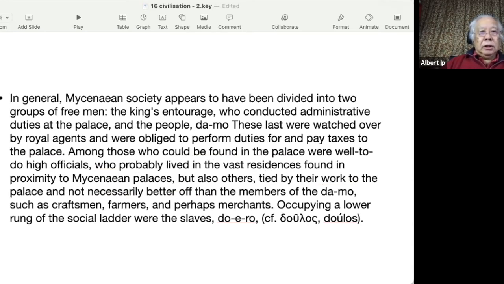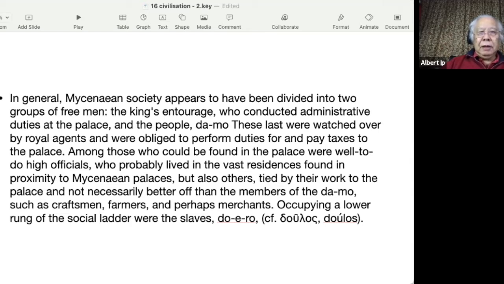So in general, their society is divided into groups of free men, the king's entourage, who also conduct administrative duties, and the common people. These last were watched over by royal agents and were obliged to perform duties for and pay taxes to the palace.